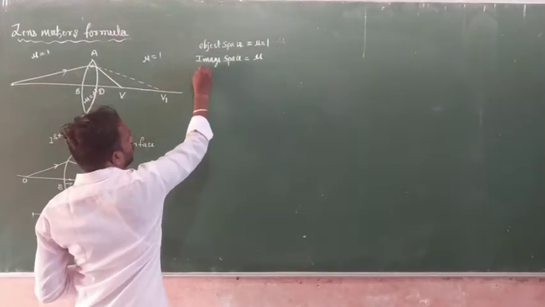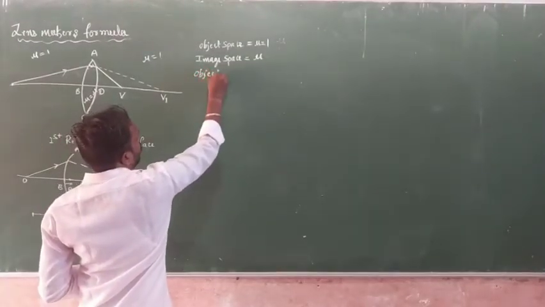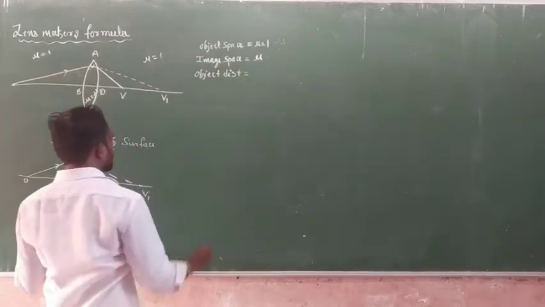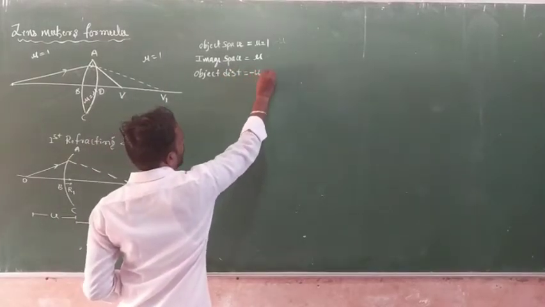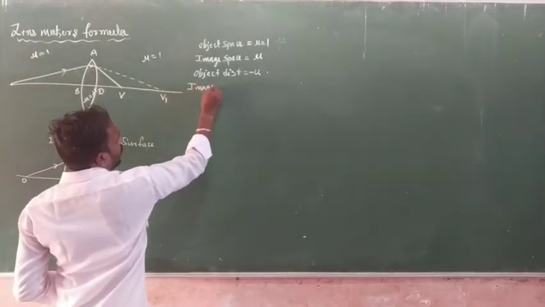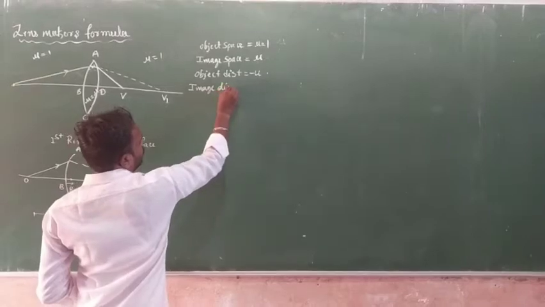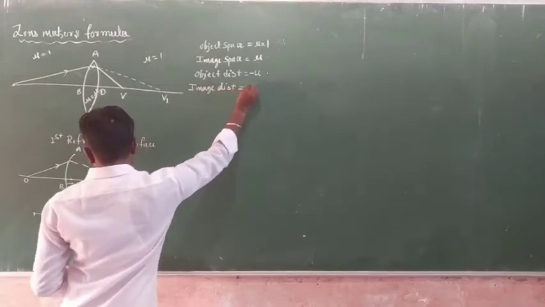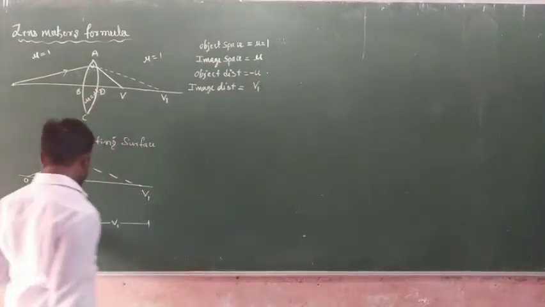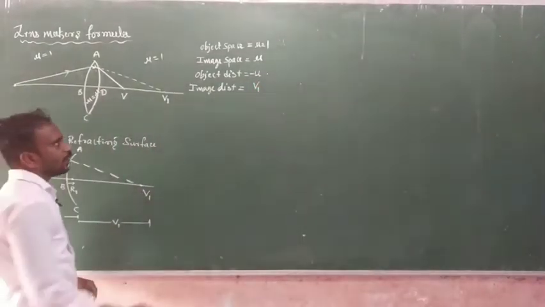Object distance is minus u according to the sign convention. Image distance is V1, which is positive along the direction of the incident ray.